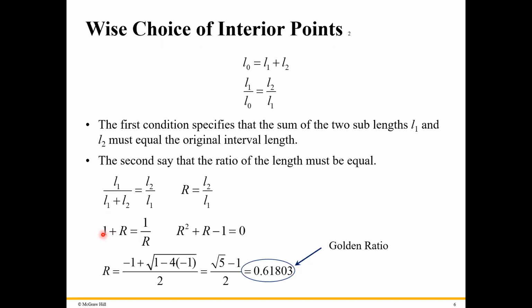So this is the only number in which if we add 1 to that number, it will be equal to the reciprocal of that number. Okay, so this is called the golden ratio. So you can see that the value is 0.61803.